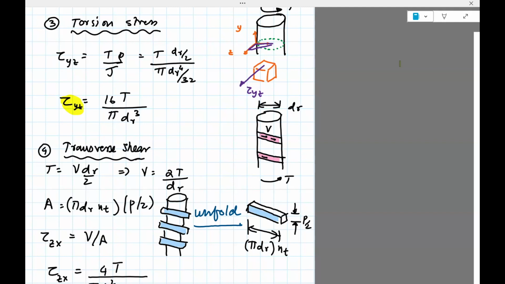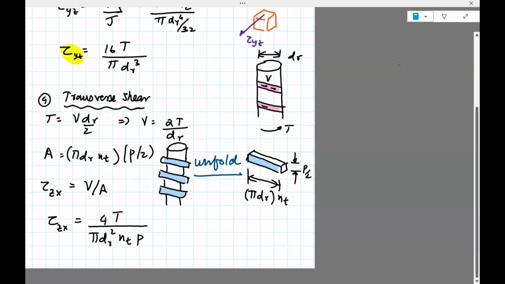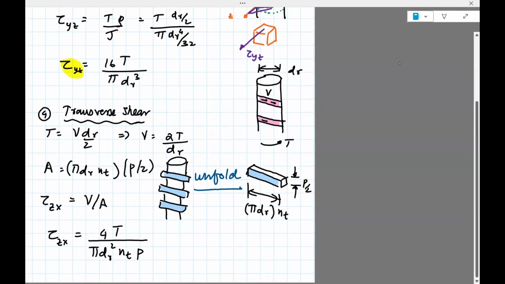And transverse stress for a cylinder is V divided by A. And so V comes from the torque, and area is basically the area you get when you unfold that. So again, you do the same thing. You have this coil round, you unfold and you make it a thread, which is straight, and then you find how it shears. So that is Zx, and that's the last stress.